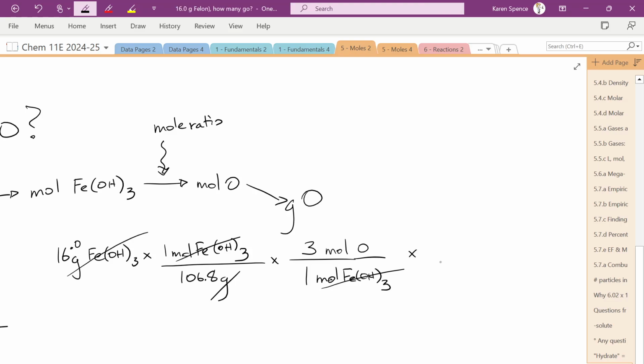And then finally, we want to go to grams of oxygen. So we cancel moles of oxygen and find grams of oxygen. 1 mole of oxygen has a mass of 16 grams. And that will give us some number, which I assume you've all solved for.